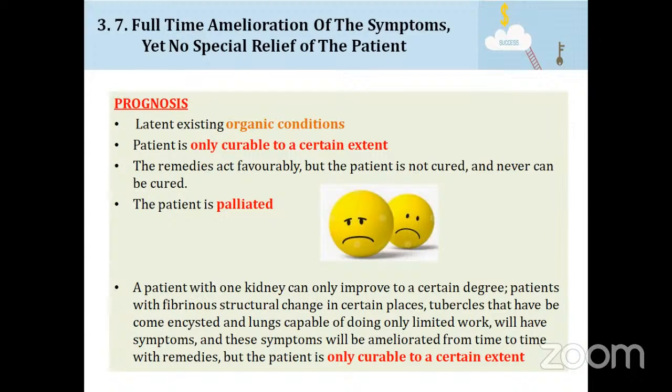This can be ameliorated from time to time with some of the remedies. But how can we cure such a patient? We cannot cure it. Only to a certain extent are we able to give relief to the patient, and that is known as palliation. So, all these conditions with latent organic conditions cannot be cured by us, and can only be palliated with the help of our remedies.